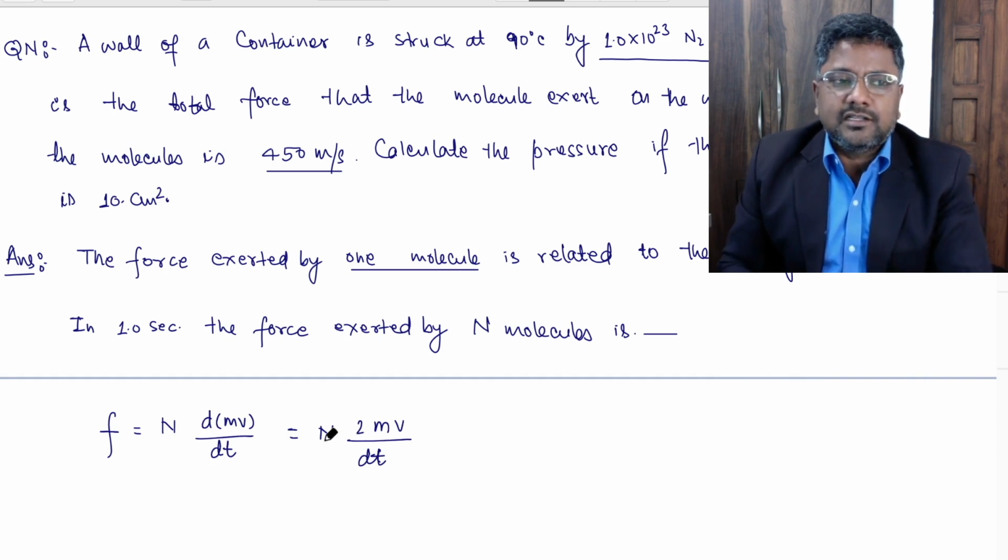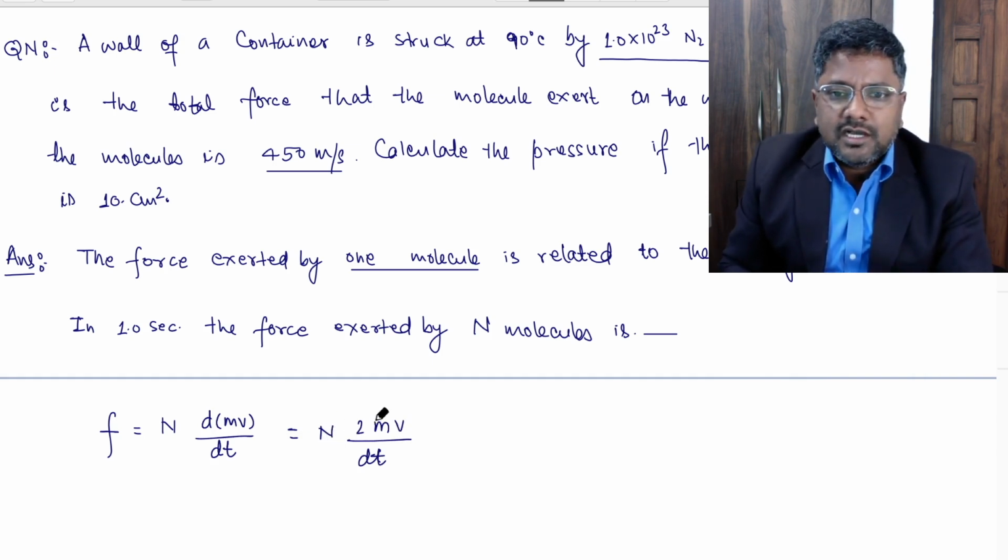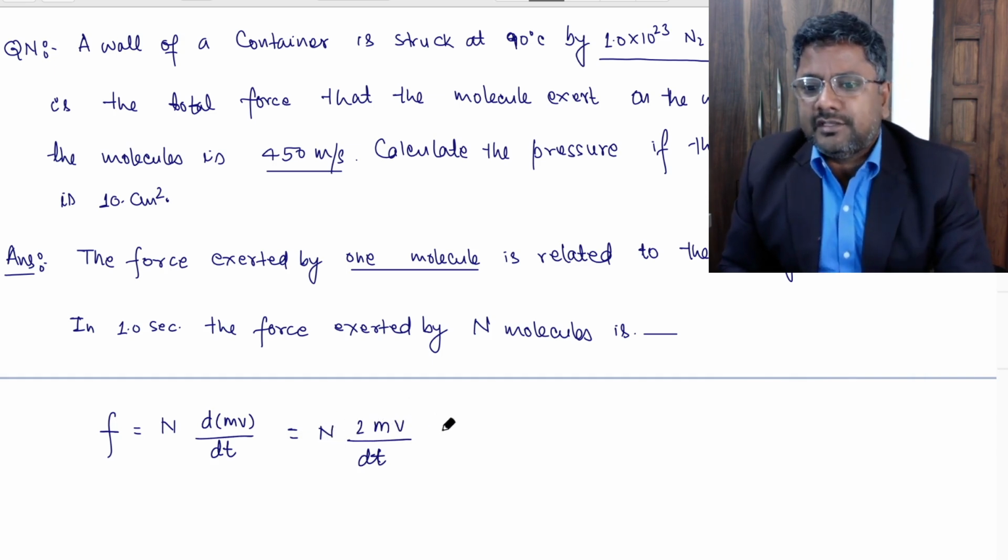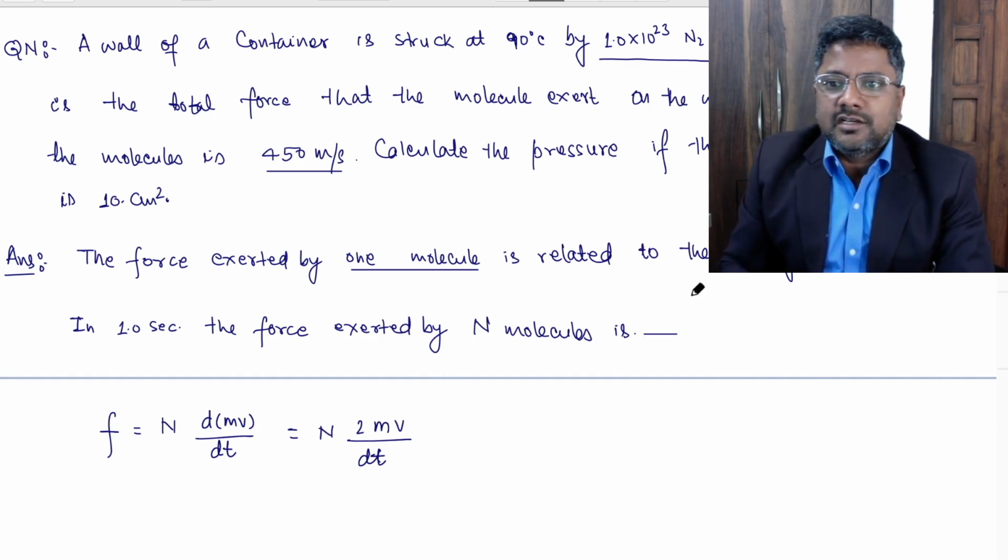Where n is the number of molecules, and 2mv is the net change in the momentum of the wall, right? So now you can solve this.